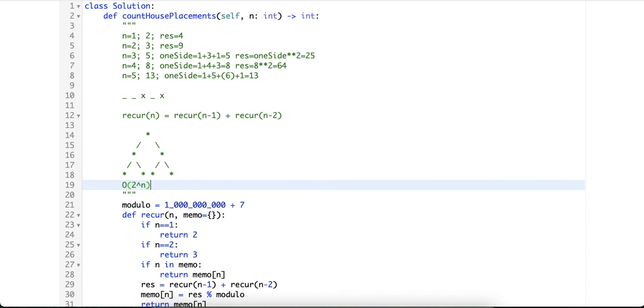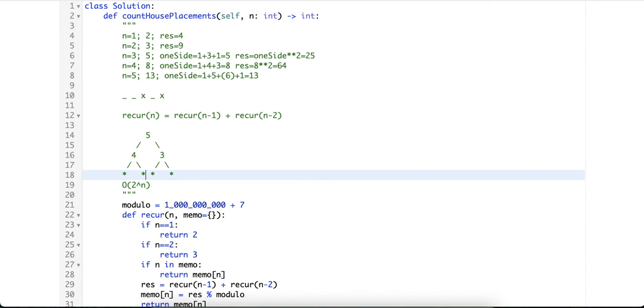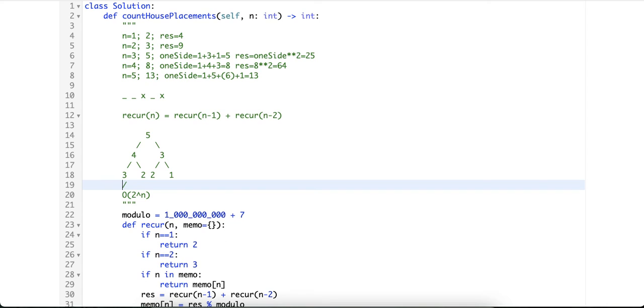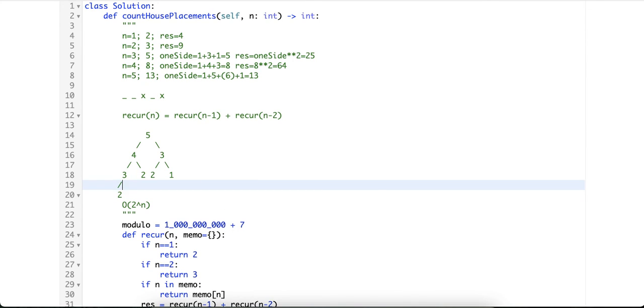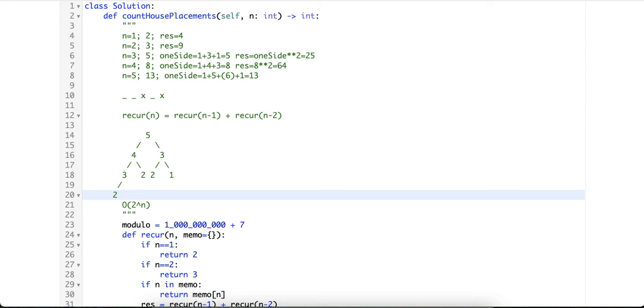Now what happened when we do memoization? Actually, let's imagine this. If it is 5, then it becomes 4 and 3. And this becomes 3 and 2, 2 and 1. Then of course this becomes 2 and 1.